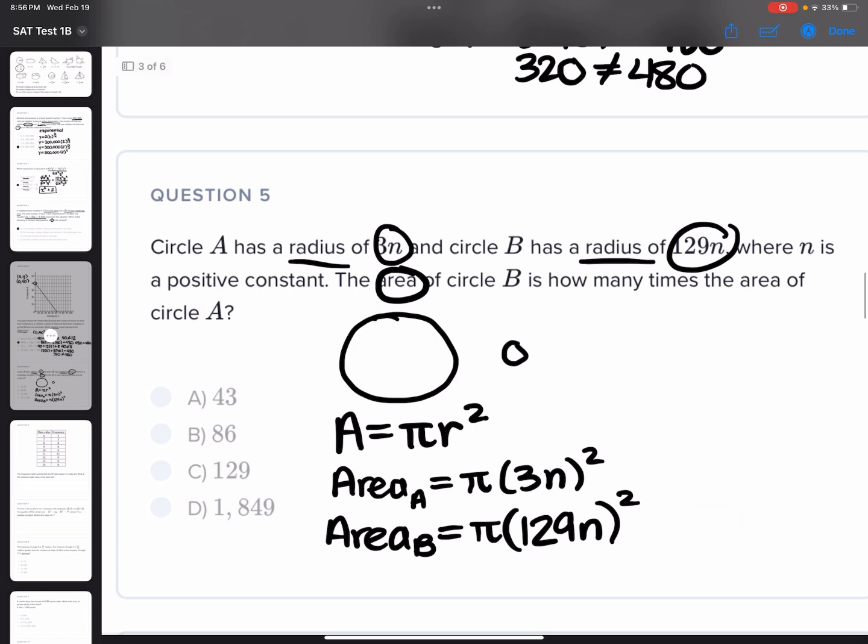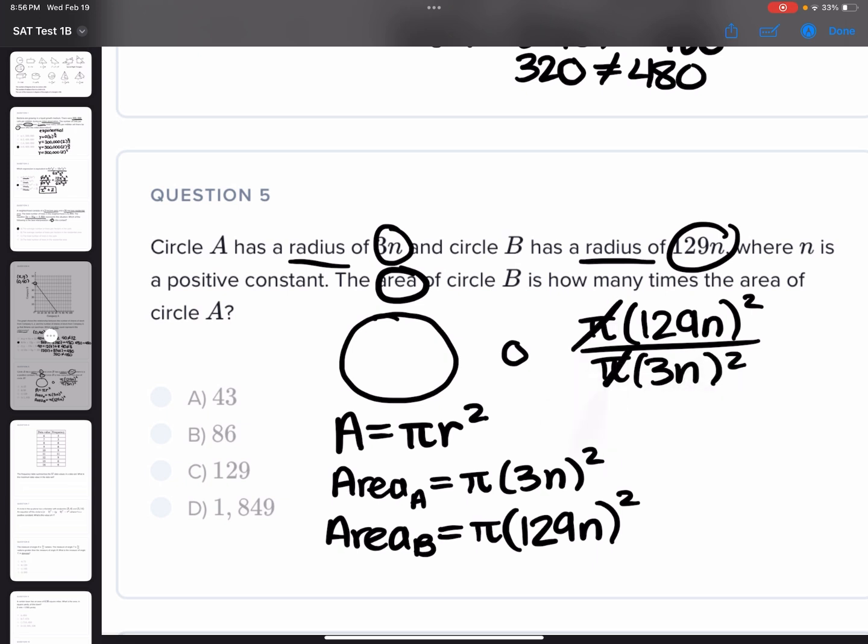All right, so in order to find how many times B is bigger than A, we have to divide B by A. So we're going to have pi times 129n squared over pi times 3n squared. There's a common term here, and that's pi, so we don't even have to worry about pi in our answer. And so therefore, we're left with 129n over 3n.